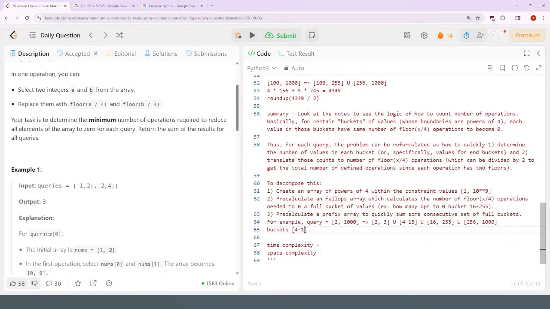Buckets 4 to 15 and 16 to 255 are full, and will have a static number of ops needed to zero them out.